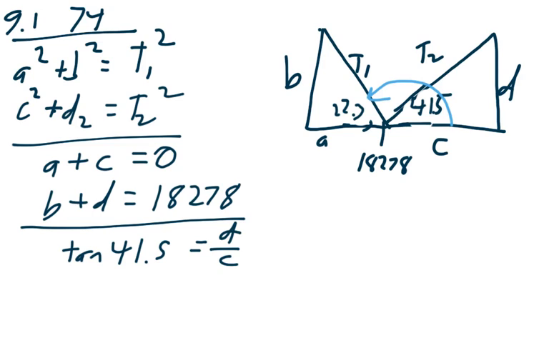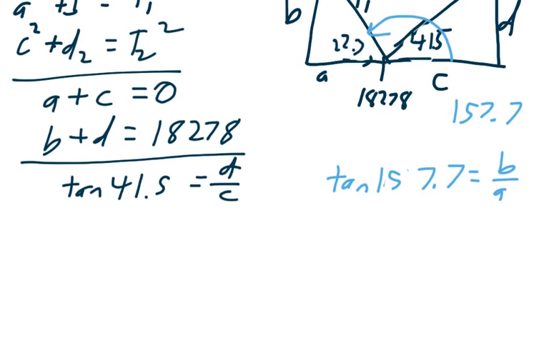So I'm going to do 180 minus 22.3 so that the blue angle is 157.7. So the tangent of 157.7 equals b over a.